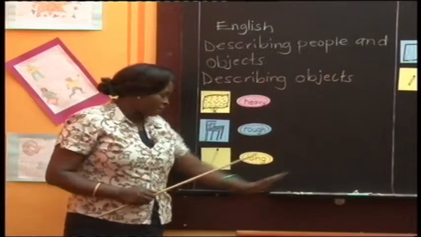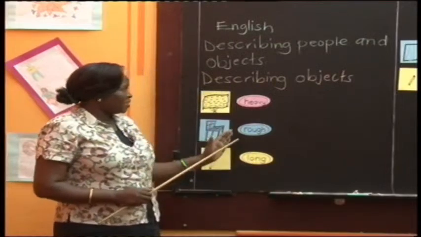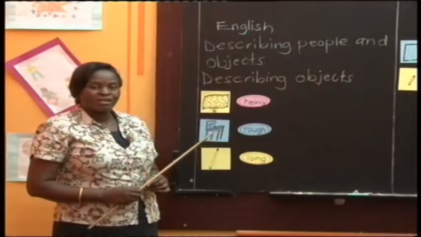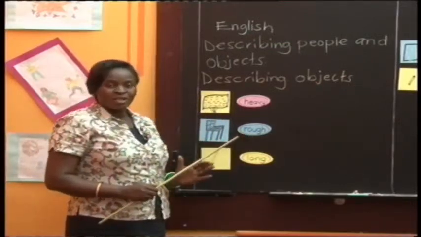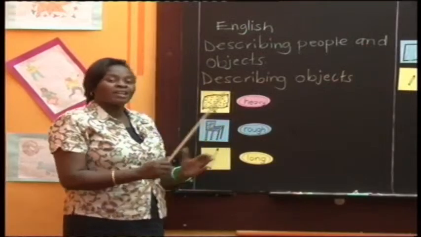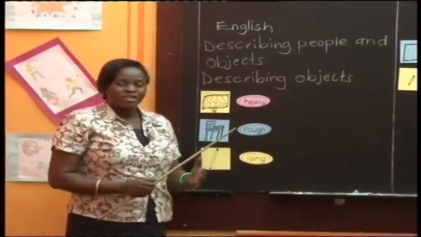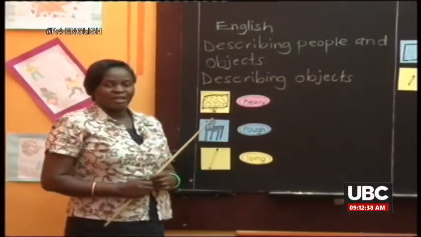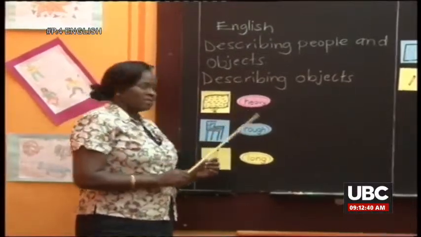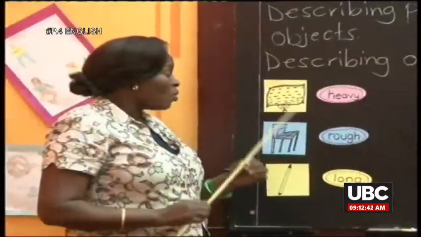We said when we are describing objects, we look at the size of the object, we look at the shape, we look at the color, and so on, as we saw in our previous lesson.